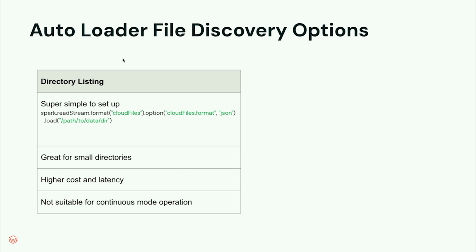This works fantastically well for small directories, but for a very large directory where you may have hundreds of millions of files, it can end up a little costly solution because it is scanning those directories every time it has to run to pick up the new files.